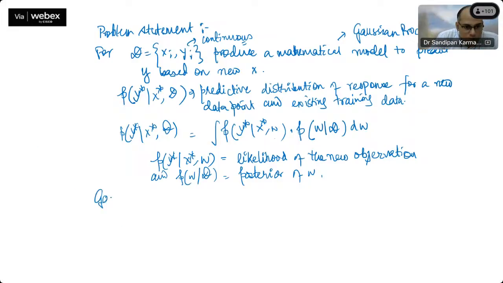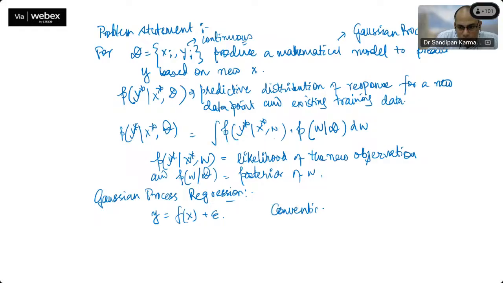So in Gaussian process regression, y is taken as f of x plus epsilon instead of x beta. What is the change here? Conventionally it is y equals to x beta plus epsilon.